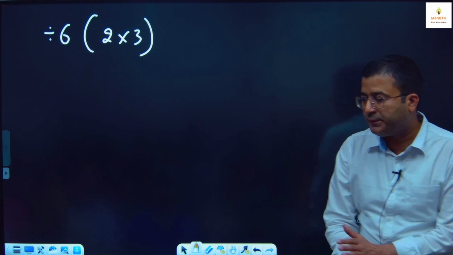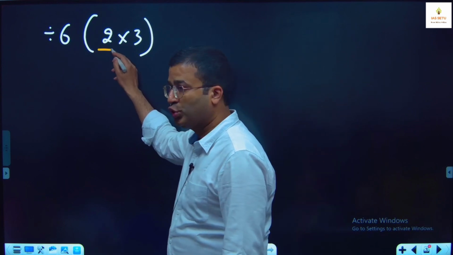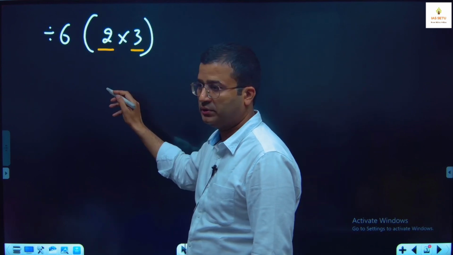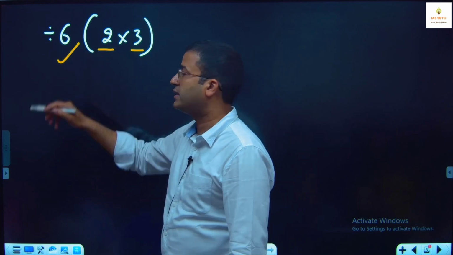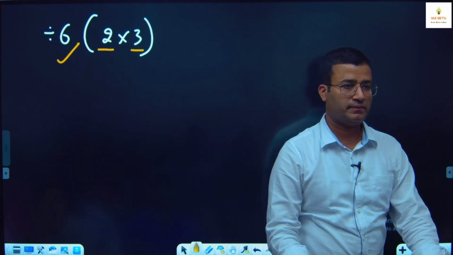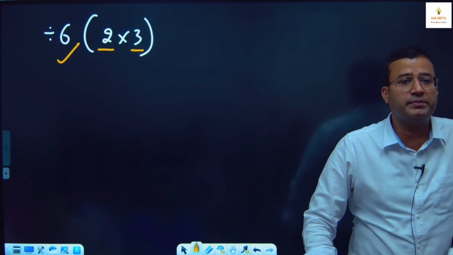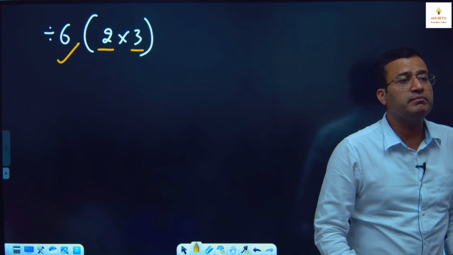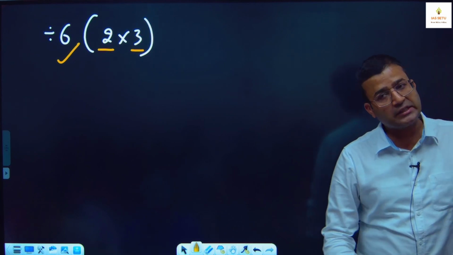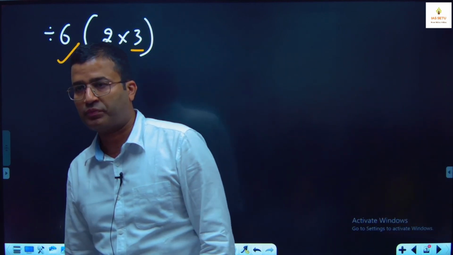So the concept here is, if any number is divisible by both 2 as well as 3, then you can conclude that number is divisible by 6. अगर कोई नंबर 2 से डिवाइड होगा और 3 से भी होगा, वो 6 से होगा ही होगा. If any number is divisible by 2 as well as 3, that number is divisible by 6.